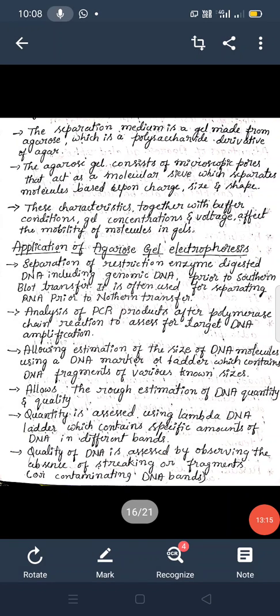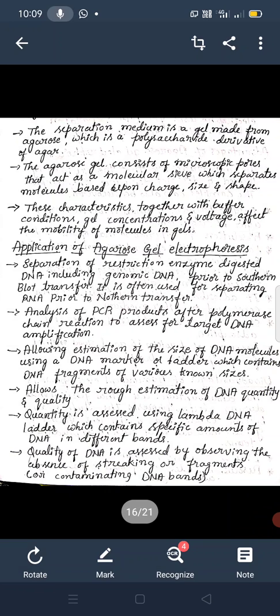Let us know about the applications of agarose gel electrophoresis. It is useful for the separation of restriction enzyme digested DNA, including genomic DNA, prior to Southern blot transfer.